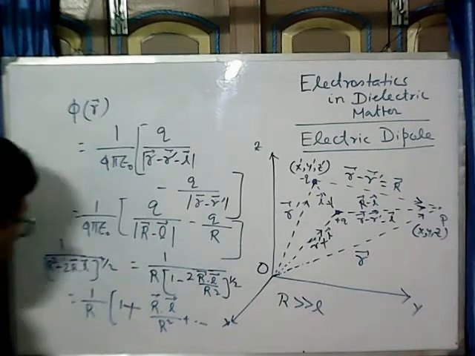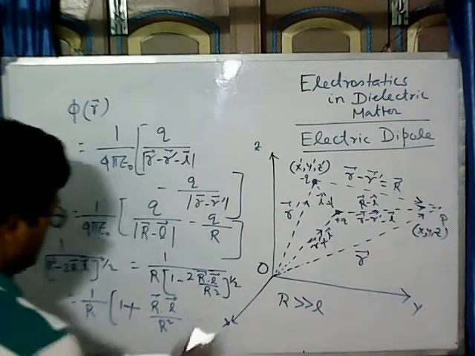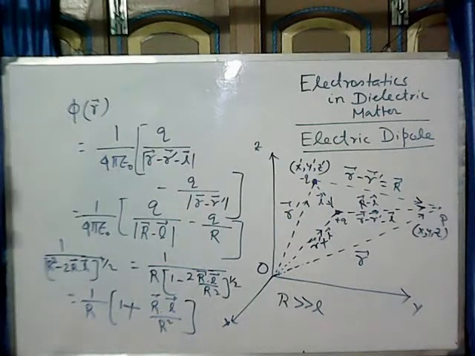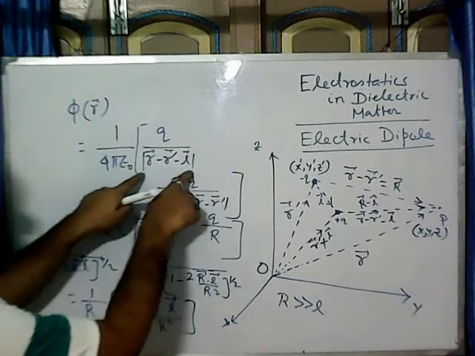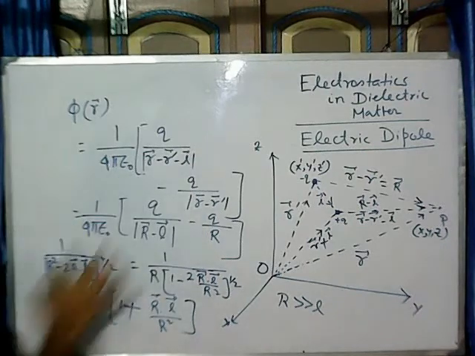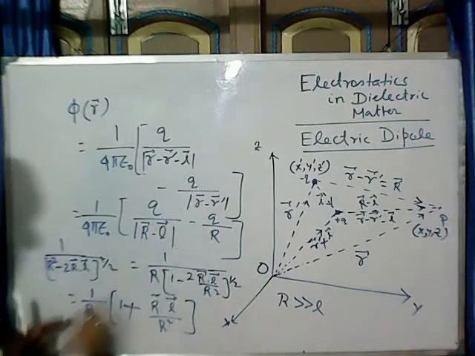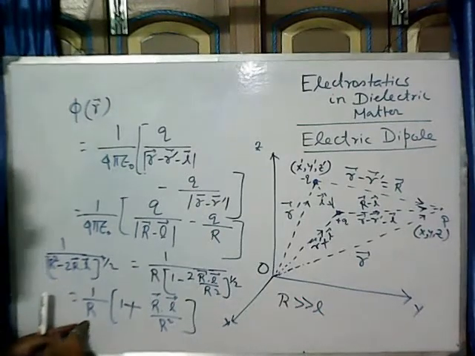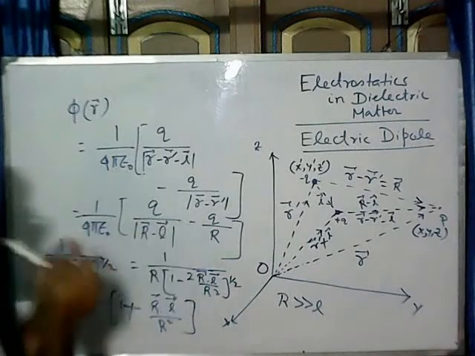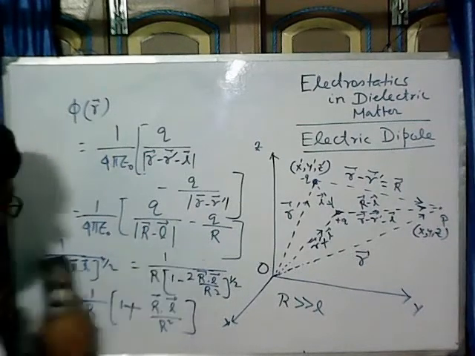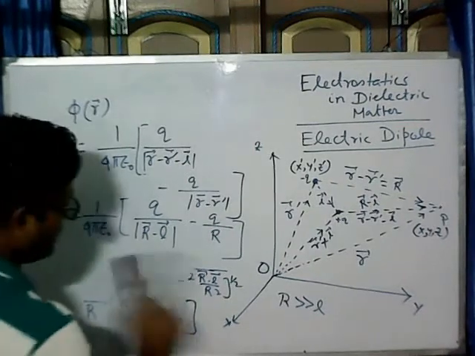Now, if we put this form here, then there is plus q by r and another minus q by r, that will cancel. So that's why I kept this form for your understanding.